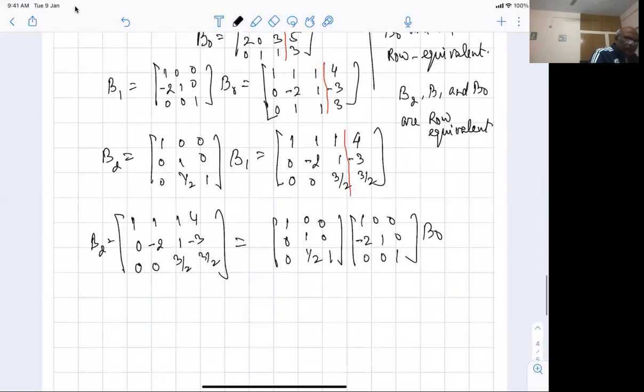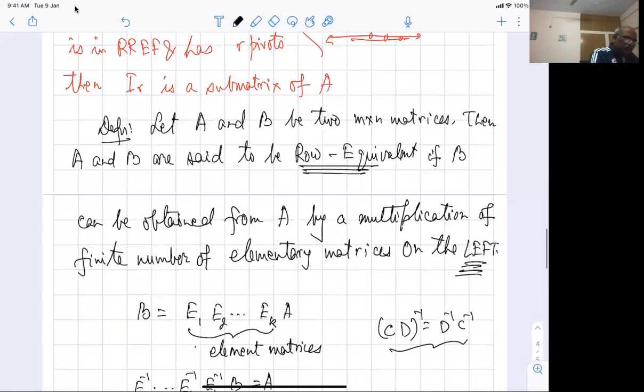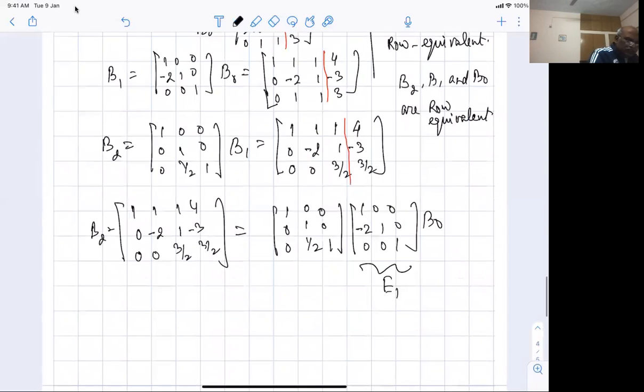So this is E2 for you, and this is your E1 in the above one. That's the way to understand it, and then you can look at the inverses and things like that. Just try it out.